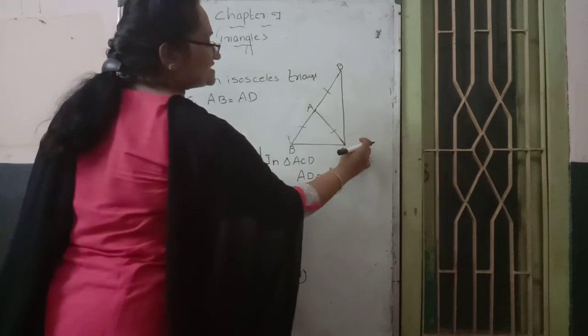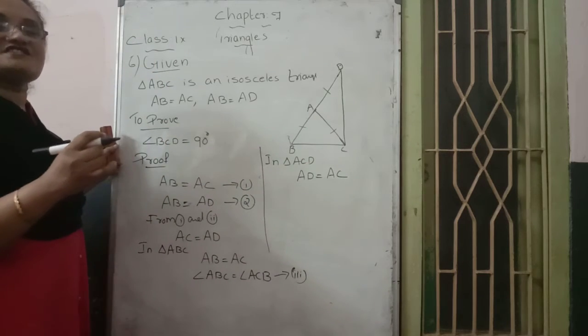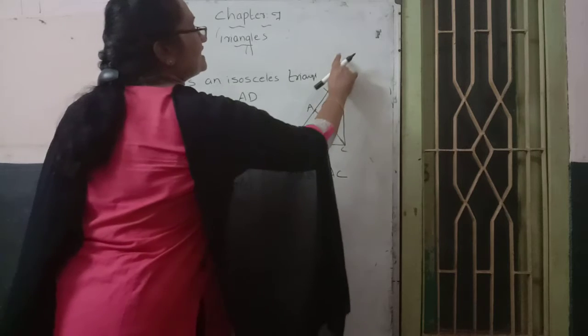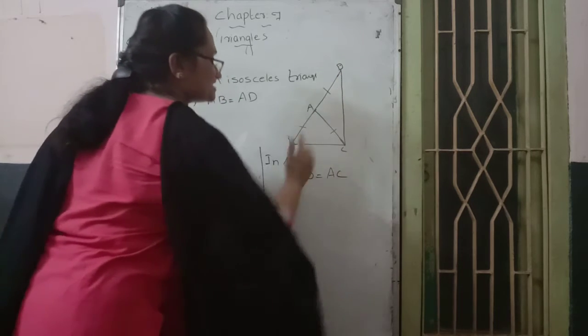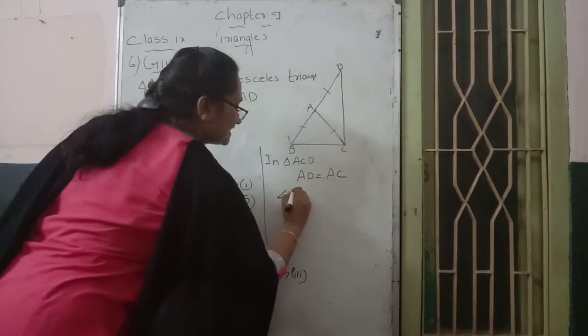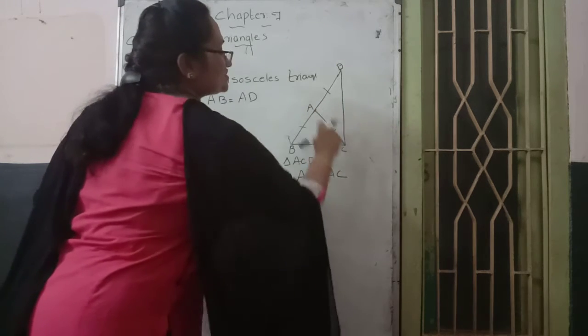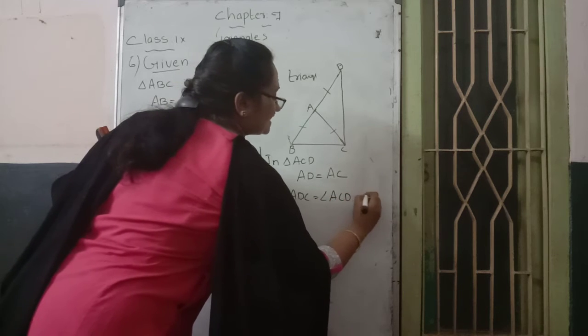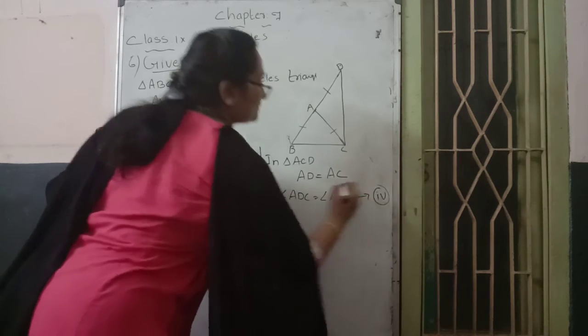D angle and C angle are the opposite angles. They become equal. Reading angle-wise, with D as vertex, angle ADC is equal to angle ACD, with C as vertex. They are equal. Mark it as equation 4.